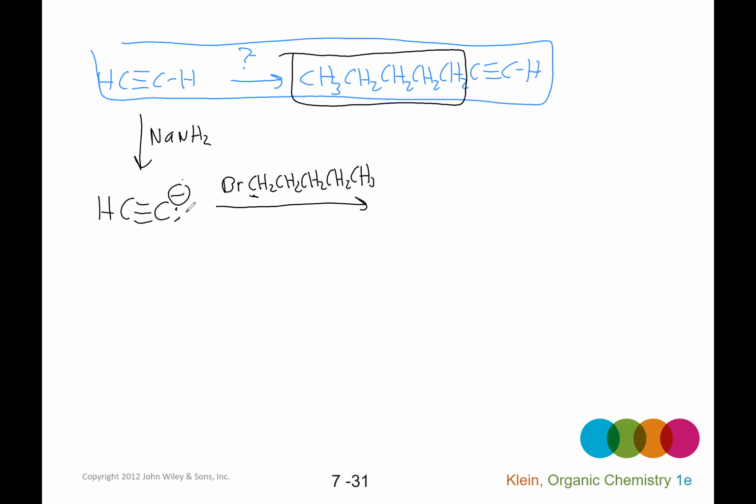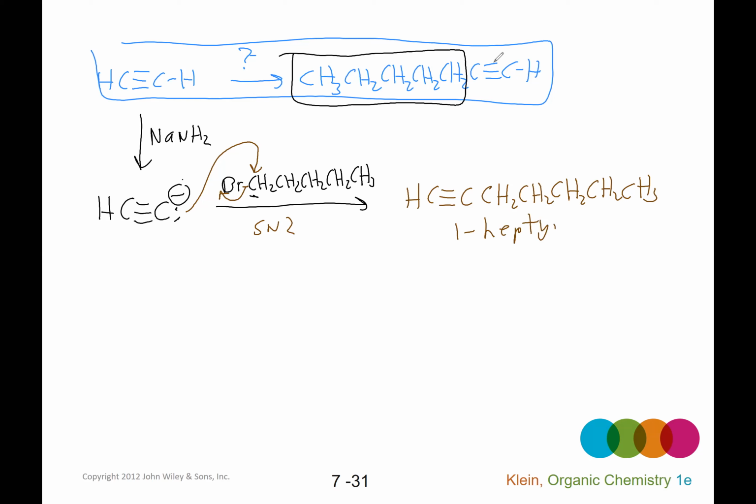So that's an SN2 reaction. It's really good on primary substrates. And so now we've added the 5-carbon chain to the 2-carbon acetylene. 1, here's the chain, 2, 3, 4, 5. And that's the product molecule that we wanted. 1-heptyne. Same thing. I just drew it back the other way. Okay. So that's how you do it.